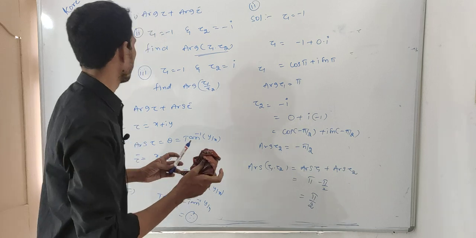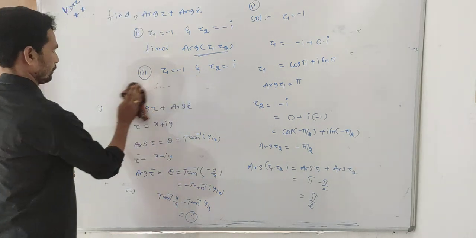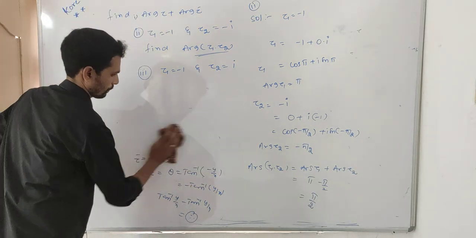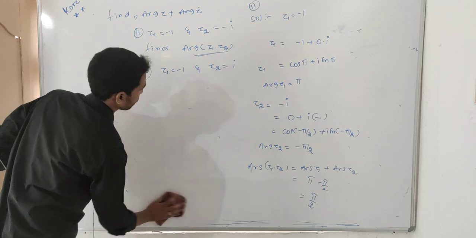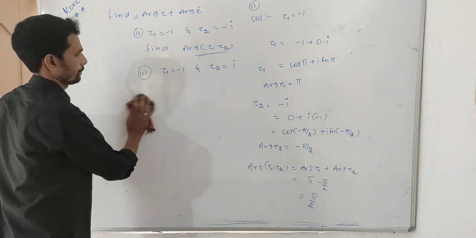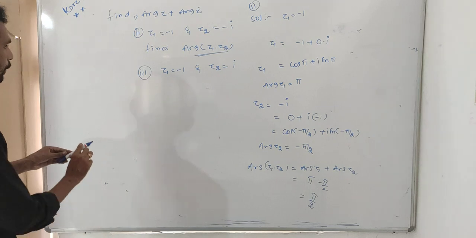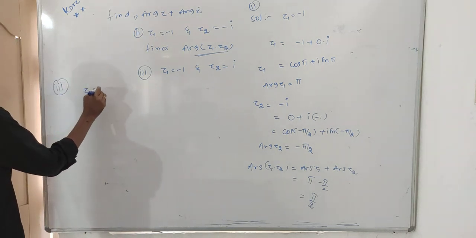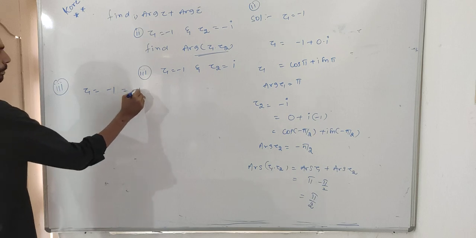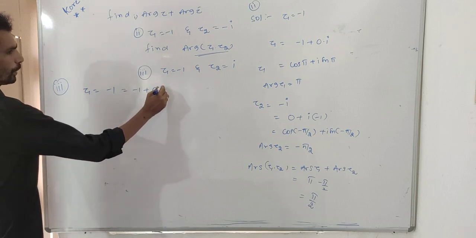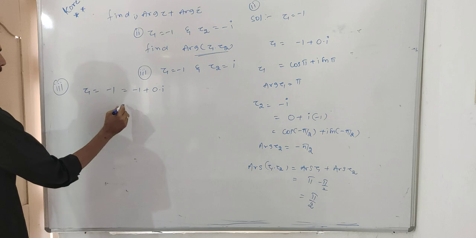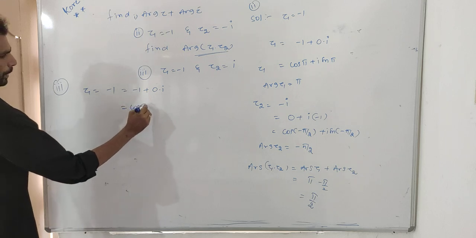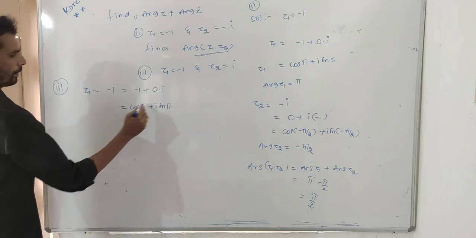Next one, third problem. The third one, Z1 is equal to minus 1. Minus 1 is written as minus 1 plus 0 into I. Same like this, you can write cos pi plus I into sin pi.